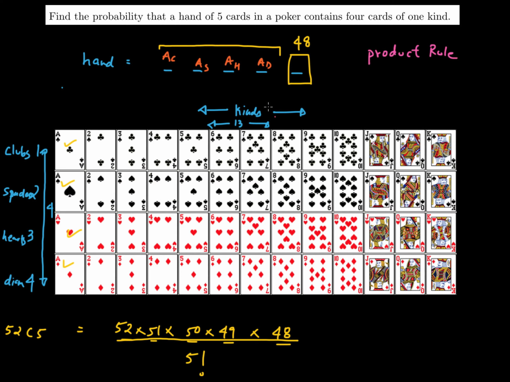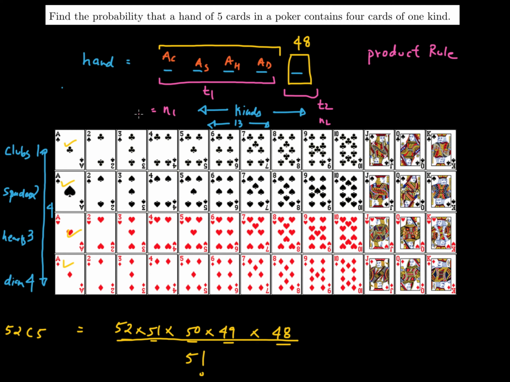You could think of the selection of the last card as task 2, and the selection of the first 4 cards as task 1. There are 48 ways to select task 2, so N2 is 48, and there are N1 ways to select task 1, where N1 happens to be 13.